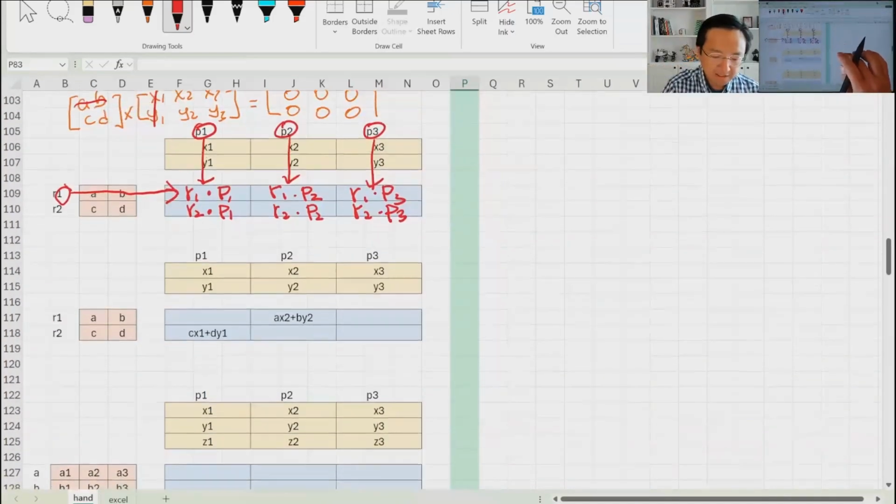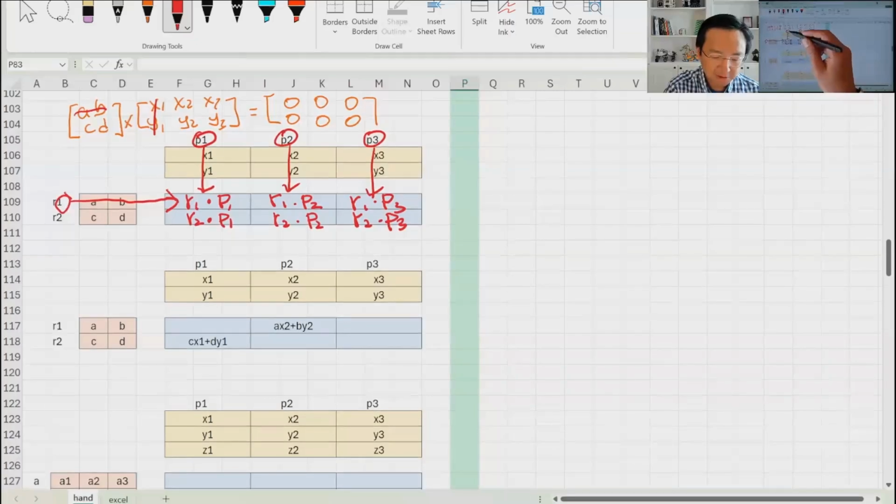Now we're going to see how things break down into the individual components within each vector. For instance, for R1 dot P1, what is it? It's going to be A times x1 plus B times y1. There's another visual trick I like to use to remember that. If I want to derive this one, this is how things should match.